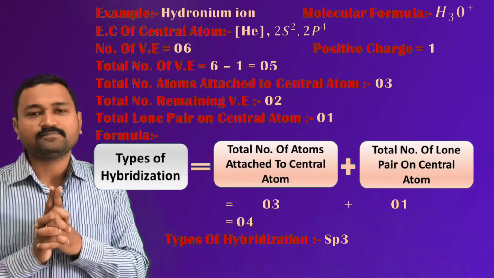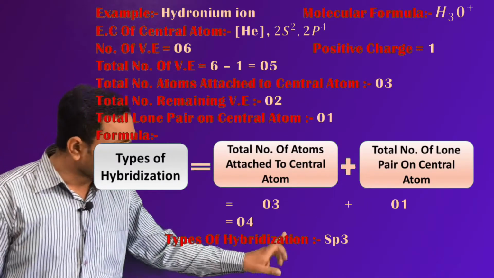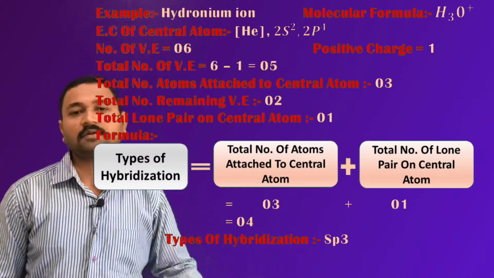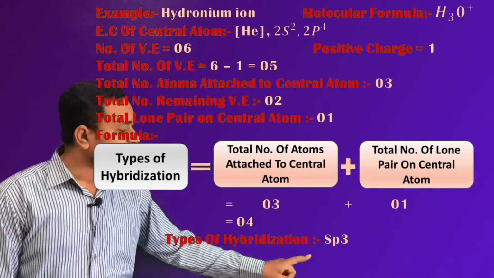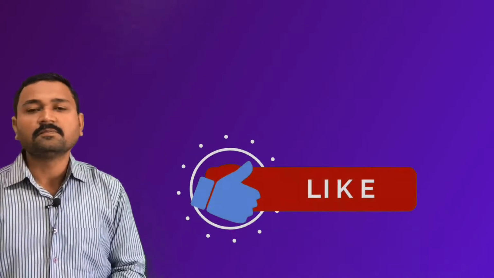You must know that the hydronium ion has sp3 hybridization. The total number is 4, so 1 s and 3 p atomic orbitals are involved. Total atomic orbitals involved are 4, hence its hybridization is sp3. So this is a simple first example.